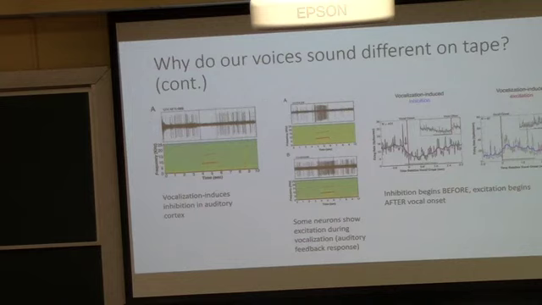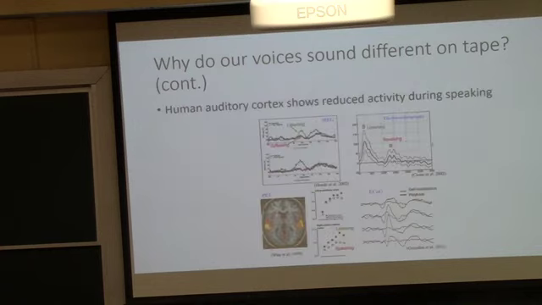And then on the rightmost panel, he shows the temporal relationship of these two populations of neurons. When you start vocalizing, the inhibition begins before the vocal onset, and then the excitation begins after the vocal onset. You can see how he marks them on the graph.